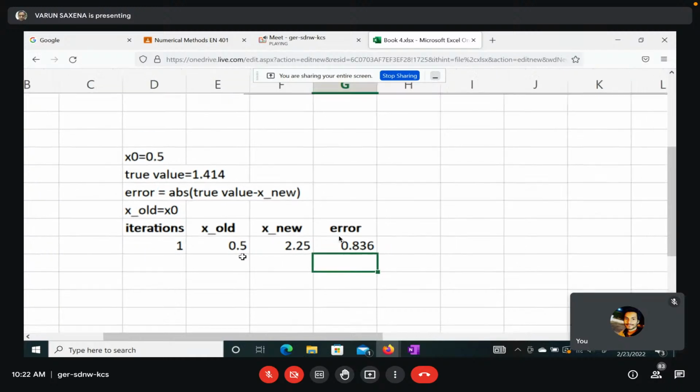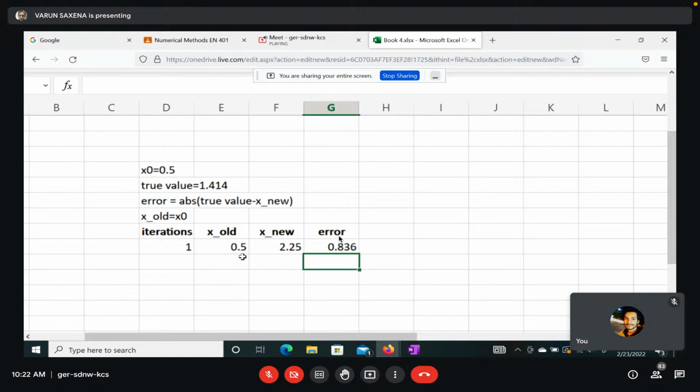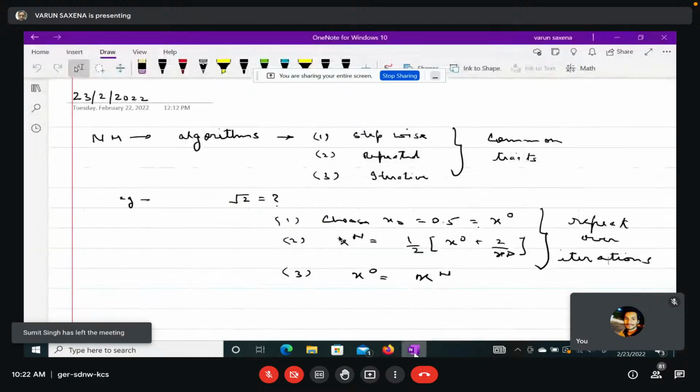So what we do is we repeat this again. To repeat this, there was one more step that had to be done, which was that once you calculate the x new, that x new becomes equal to x old, right?